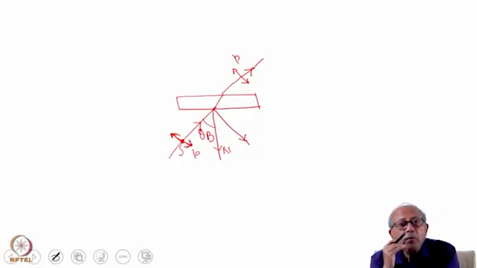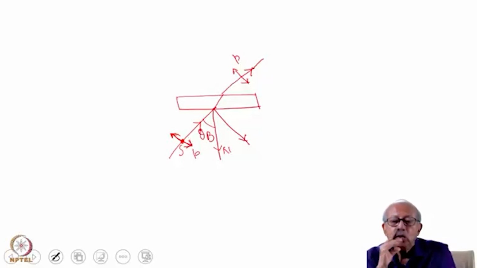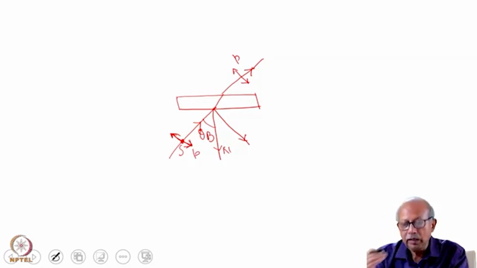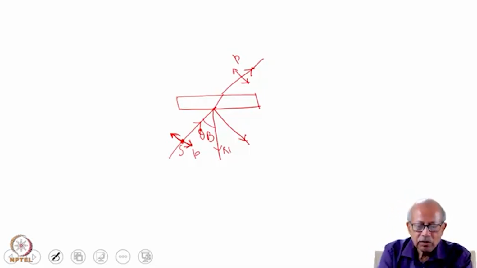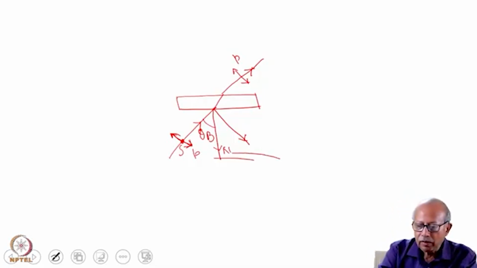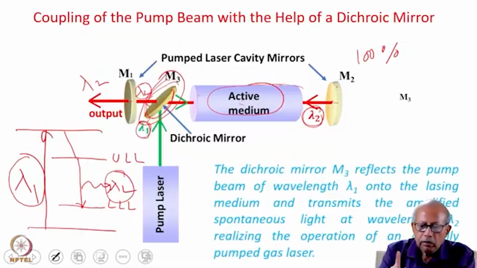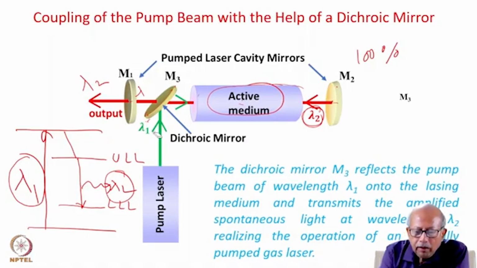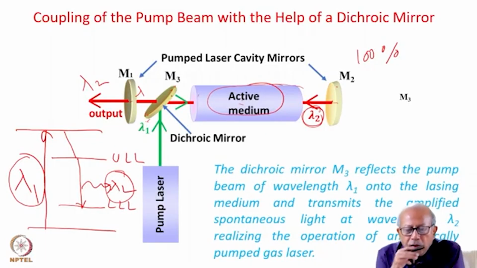So this property can be exploited to achieve coupling of the pump light into the laser cavity, just similar to what a dichroic mirror allowed us to achieve.